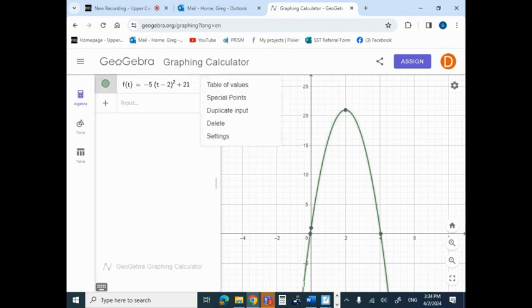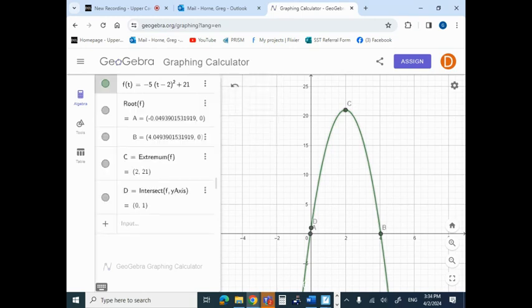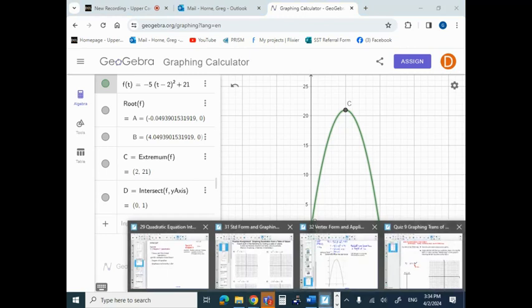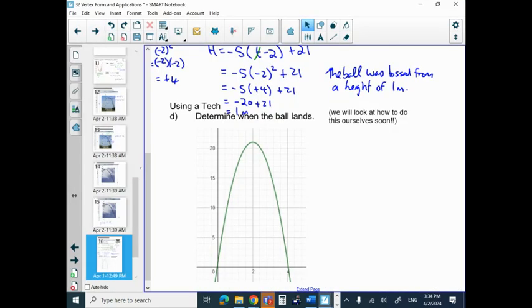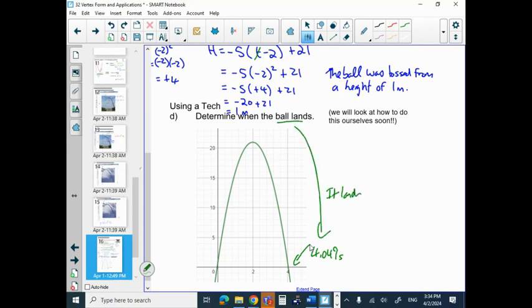Let's go to our special points and we'll have our zeros, and that's actually 4.049, right? Now, for now, we're taking that as an estimate from a graph. So it lands after 4.049 seconds.